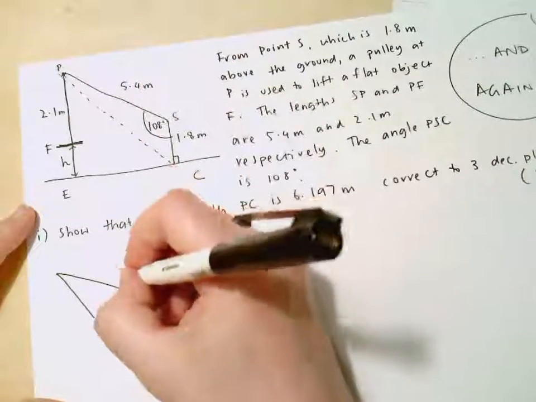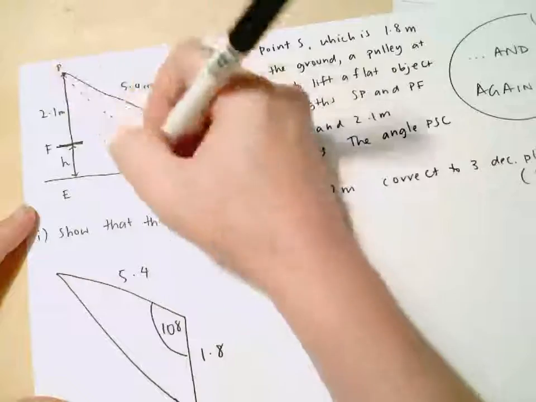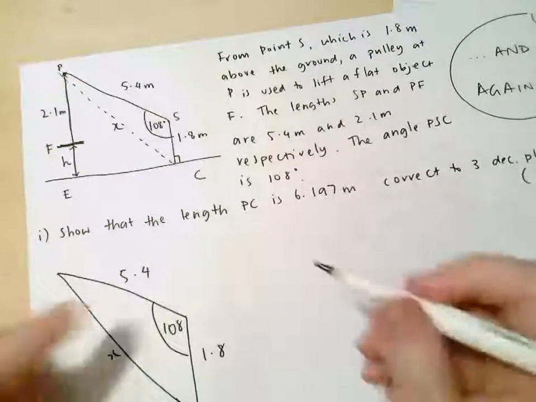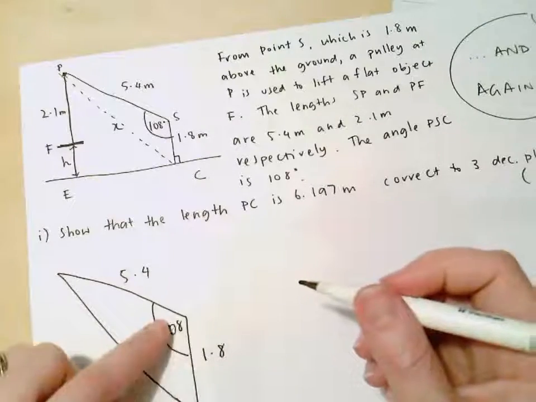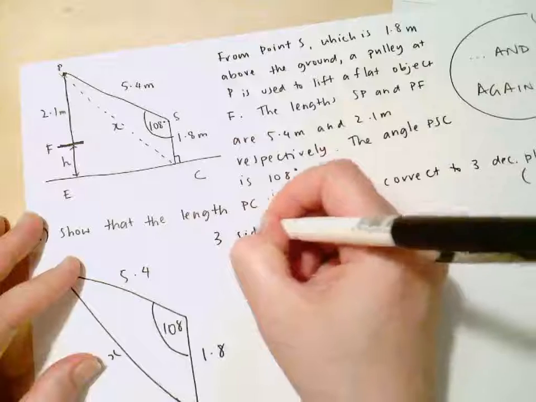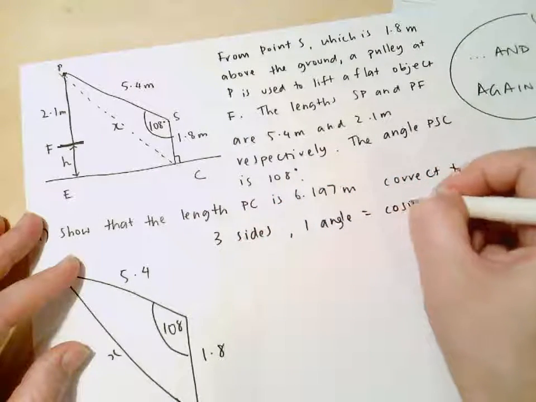I know that this side length's 5.4, this side length's 1.8, and this is what I'm trying to work out. 1, 2, 3 sides and 1 angle means I need to use the cosine rule. You've got to have in your head that that means cosine rule.